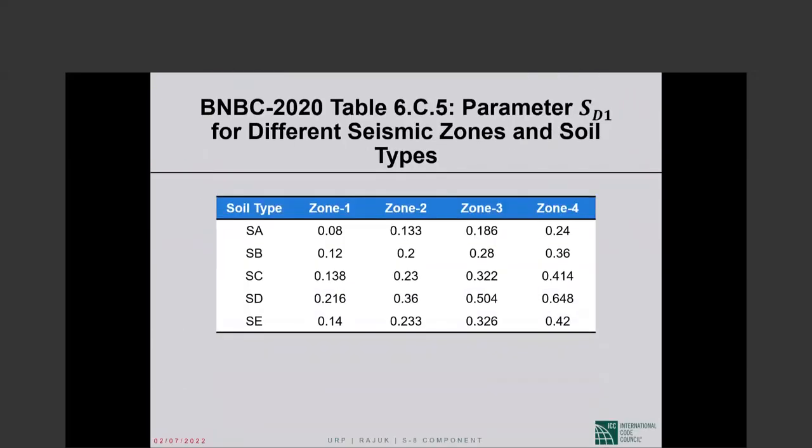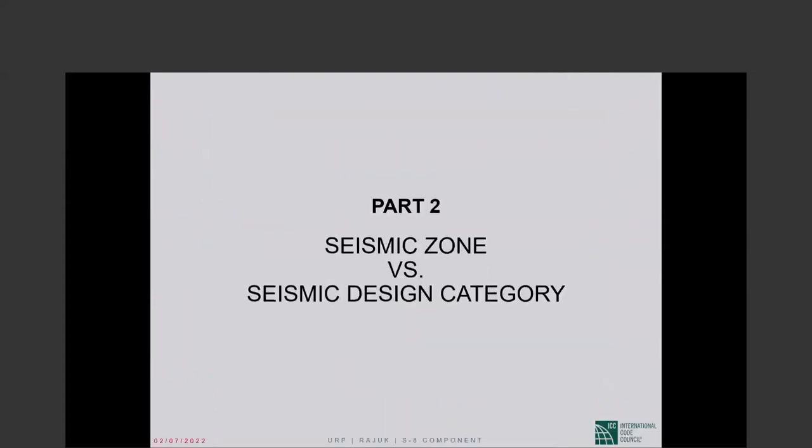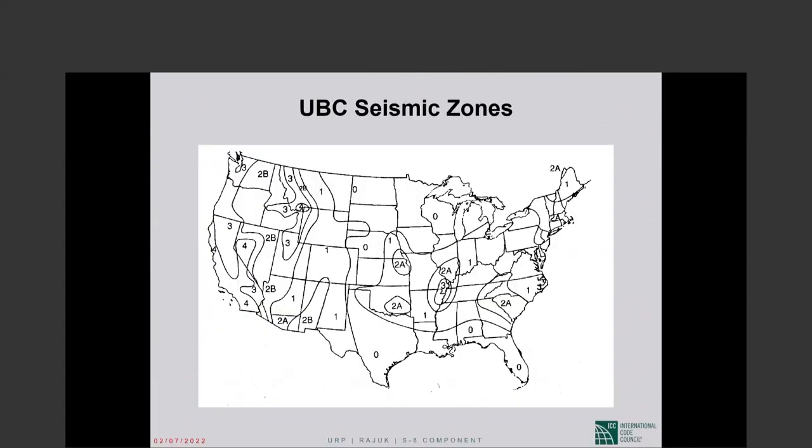And the S sub D1, which we also have to calculate at great labor, is given to you in table 6.C.5. Okay. Now, we go into part 2, a slightly different topic, seismic zone versus seismic design category.